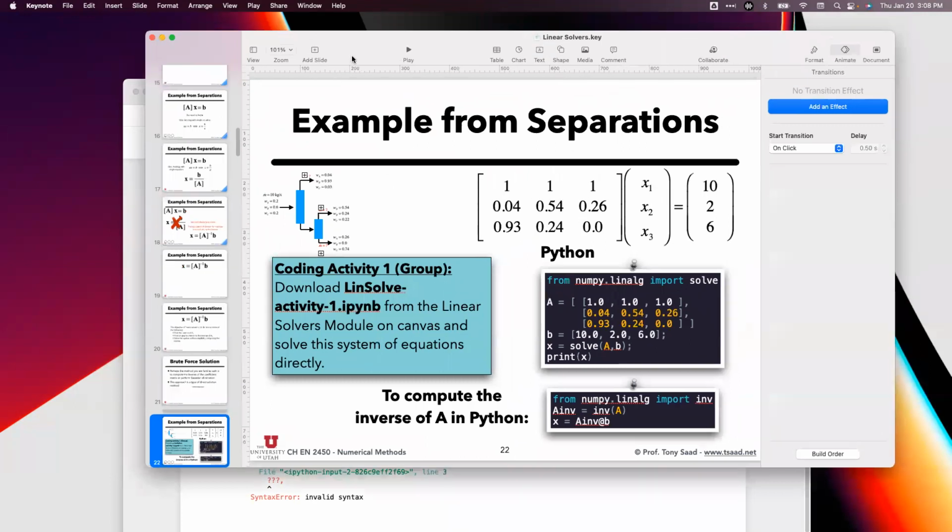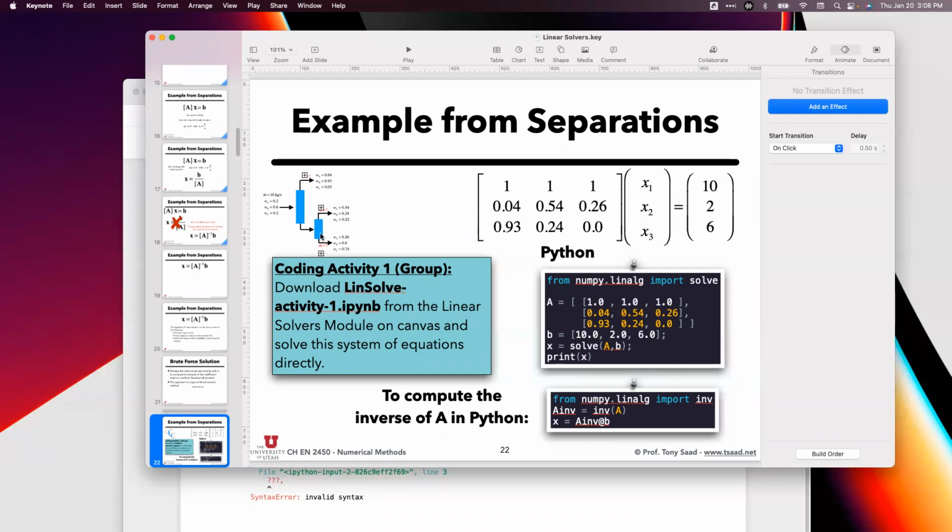Okay. All right. So essentially just type in the coefficient matrix. You'll notice that for very simple matrices like this, I just like to type in the matrix as a list of lists. So square brackets and then brackets, and just type it up the way it looks.